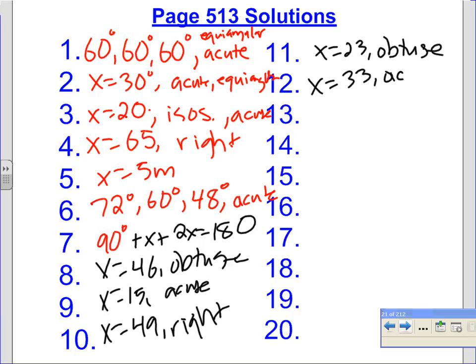It is acute. 13, x equals 63. It's acute. 14, I think I have you guys explain that. So explain why the sum of the measures of the acute angles of a right triangle is 90 degrees. So it should be pretty easy. Peyton, why?